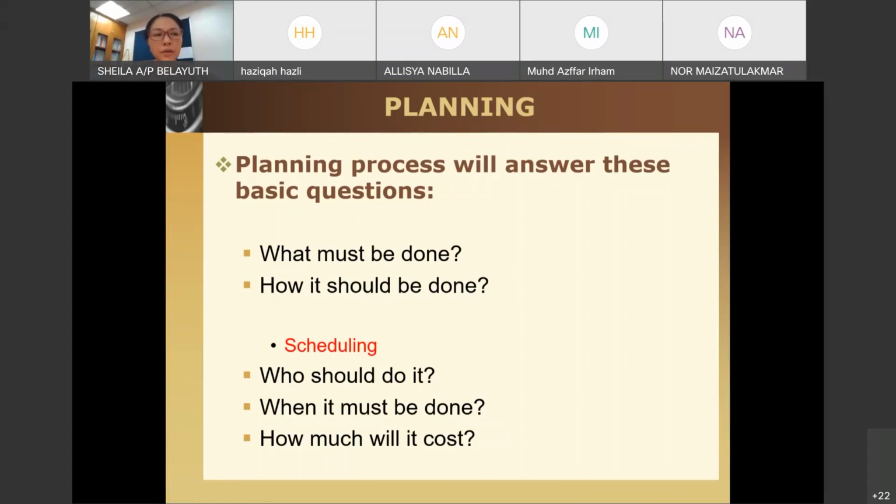What do we identify from this question? Any suggestion? So what must be done? What can we translate from there? What do we want to identify from this question?